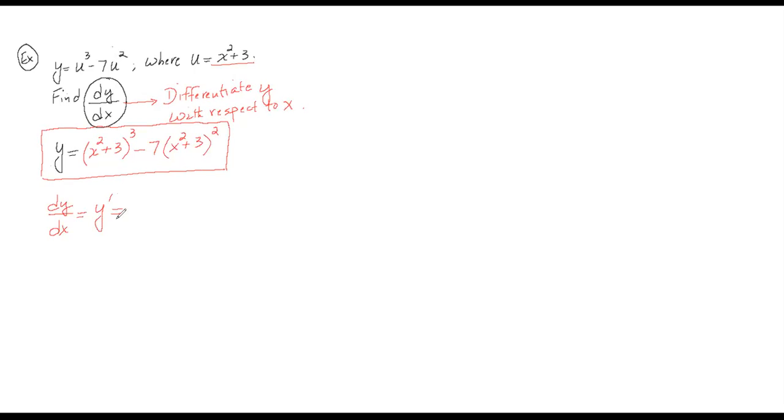All right, so any questions on what I did, how I got this part here, and why I did that? Any questions on that, folks? Because it's asking me to take derivative of y with respect to x. But y is not a function of x, so I need to make that substitution, replace u's with x squared plus 3 to turn y into a function which has x in it.